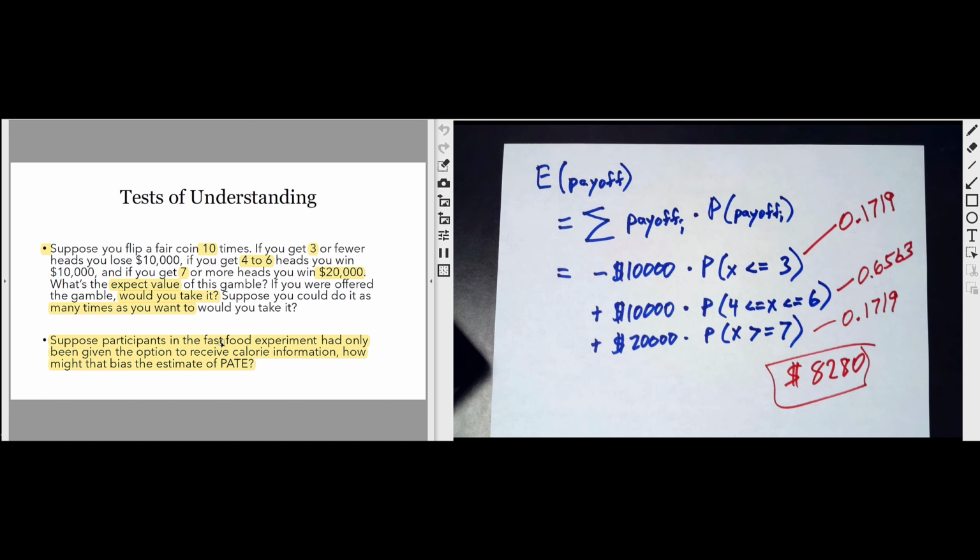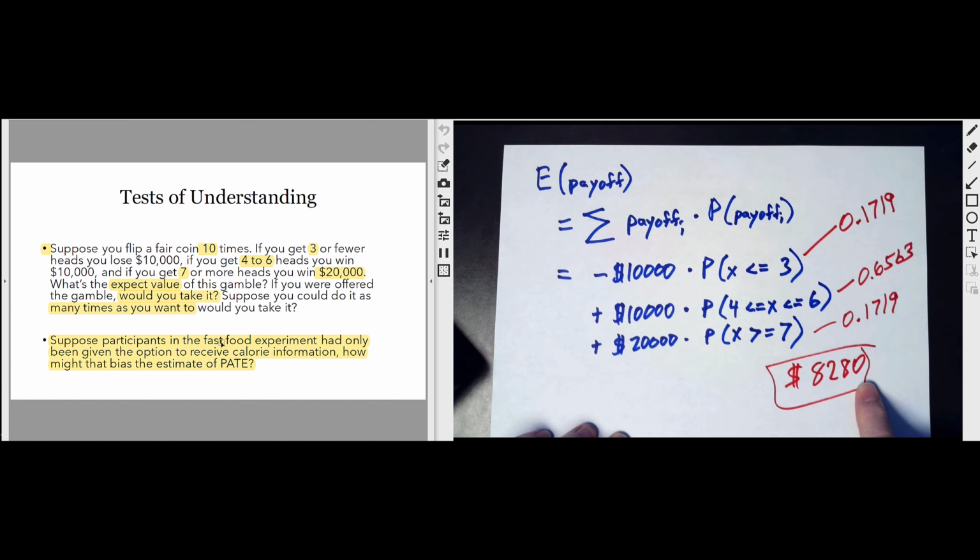So you get to decide that you play this game over and over and over again, and we'll settle up after all of the times that we've done this gamble. Well, in this case, absolutely, you would on average over a long period of time gain almost $8,300 each time you play this game.